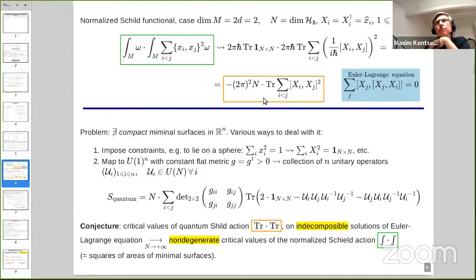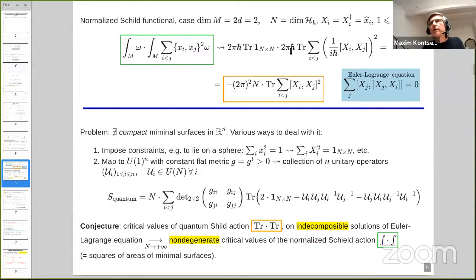And now I look at the expression for the normalized Yang-Mills functional. It's a product of two integrals. According to the dictionary, I replace the first integral by the dimension, the trace of the identity operator, N times 2 pi h bar. The second is also replaced by another trace, also multiplied by 2 pi h bar.